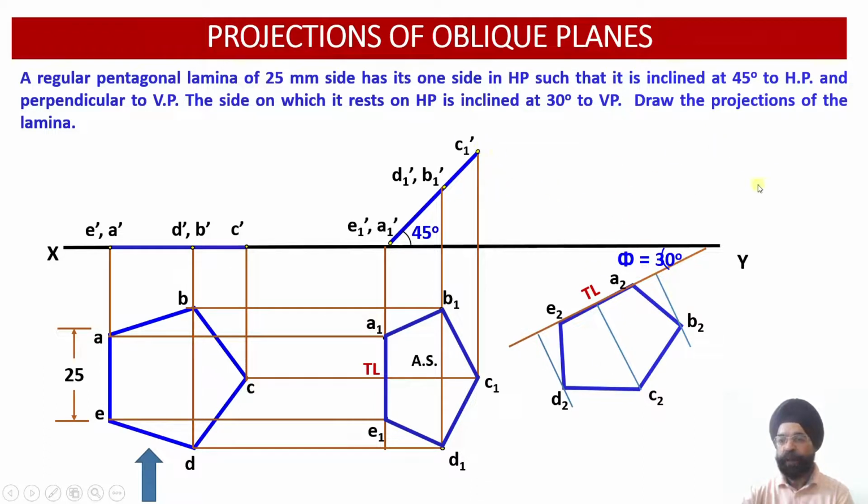We'll be drawing all the 5 projectors horizontally from the previous view, wherever the corresponding points they are intersecting, just like we have discussed before, all the 5 points of the front view will be obtained corresponding to this oblique plane which is inclined to HP as well as to VP. So let us work out these projectors. You see, these were only markings just for the location of these points. So that is why in the next step I have eliminated these reference lines.